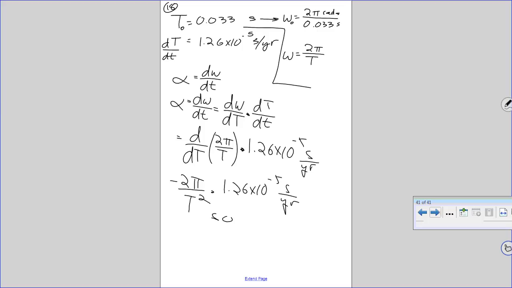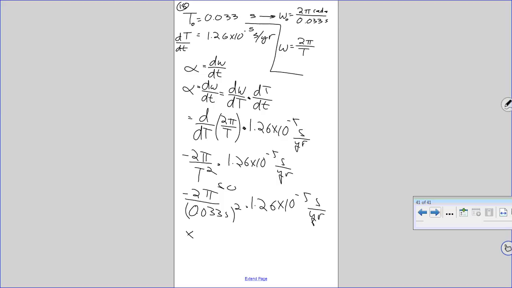All right, so let's see. We're going to have negative 2 pi over 0.033 seconds squared, times 1.26 times 10 to the negative fifth seconds per year. When I figure this out, I'm going to get radians per second per year.